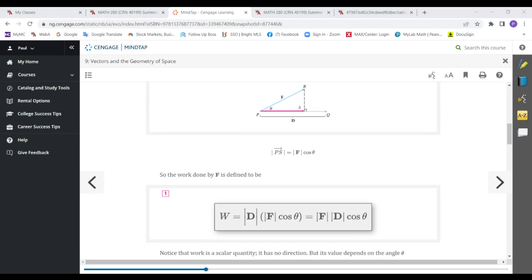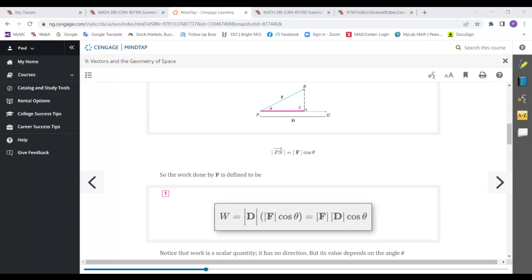The distance is the length of the vector d, and the force used in moving the object in that direction is the magnitude of the force times the cosine of theta. So work is equal to the magnitude of the force times the length of the distance vector.